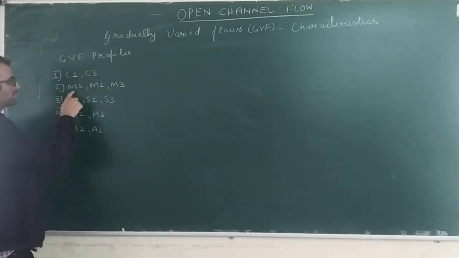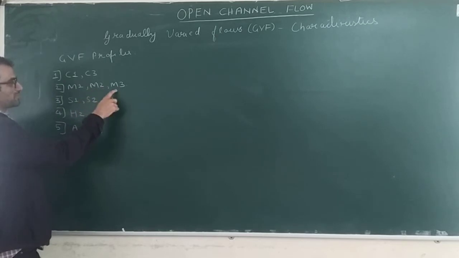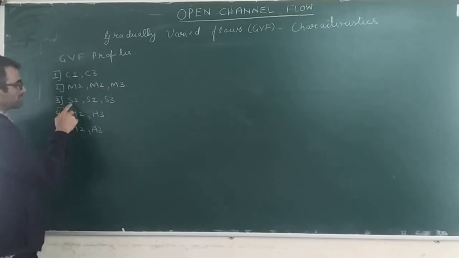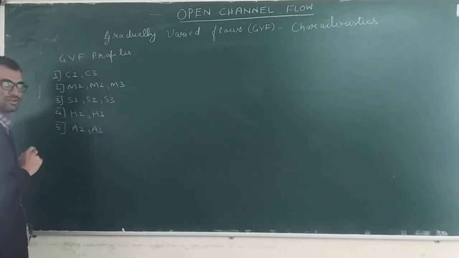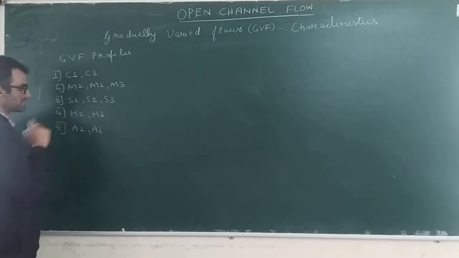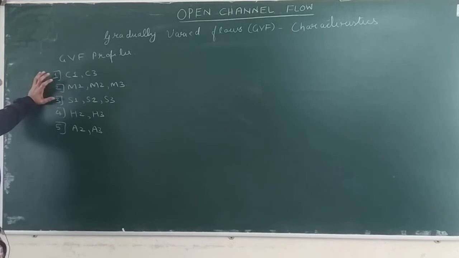On mild slope, we got three profiles, M1, M2 and M3. On steep slope, we got three profiles, S1, S2 and S3. On horizontal slope, we got H2 and H3. And on adverse slope, we got A2 and A3. So these 12 profiles are possible. Any gradually varied flow can be classified as one of the 12 GVF profiles.